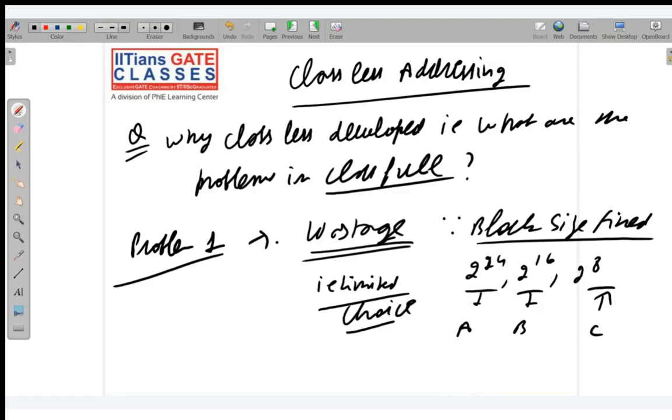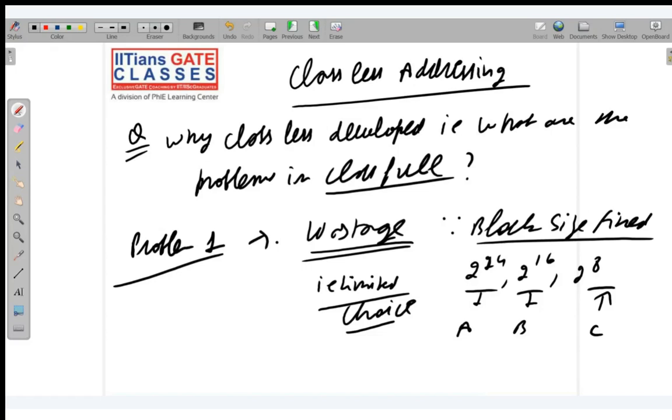Similarly, supernetting was very bad in the sense you need contiguous IP addresses. Imagine a scenario: you are a small company and you need 256 IP addresses. You have got them, and now your company size has expanded, and now you want 512 IP addresses.